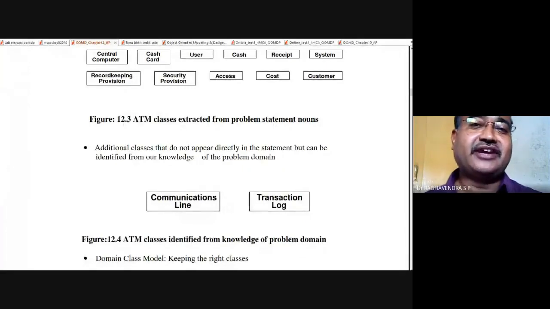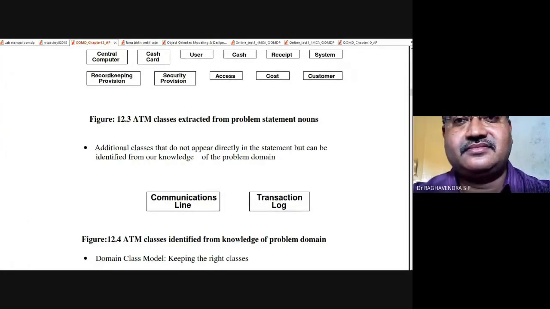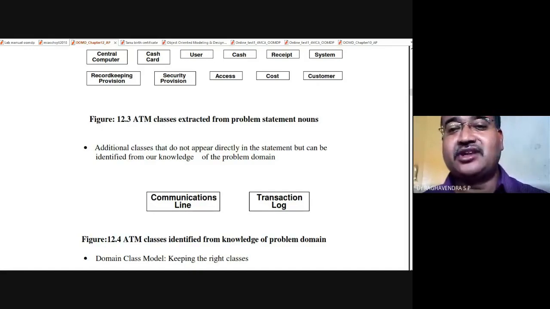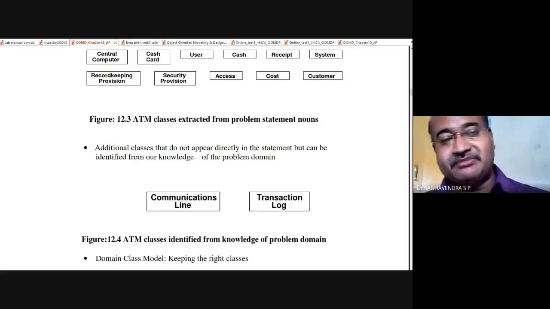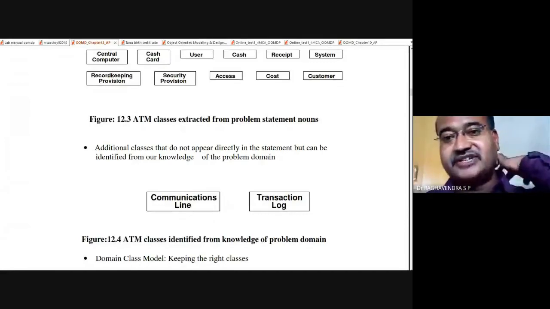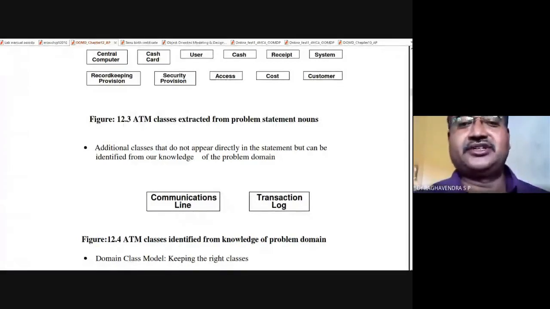A communication line is nothing but the internet or any leased line. We forgot that in the earlier cases, so it will be included now. Similarly, a transaction log means when a customer arrives, at what time and on what date, how long he stays in the ATM, and what kind of transactions he conducts. All these things you can call a transaction log.